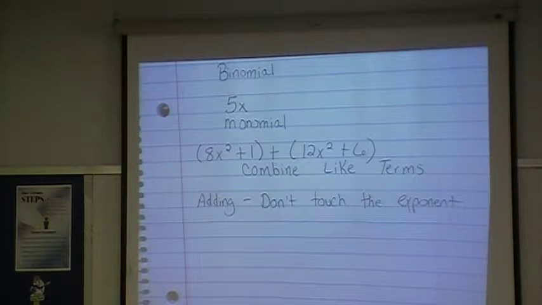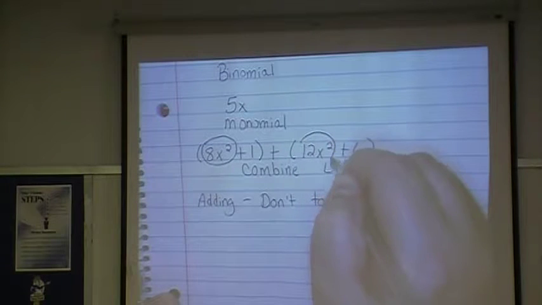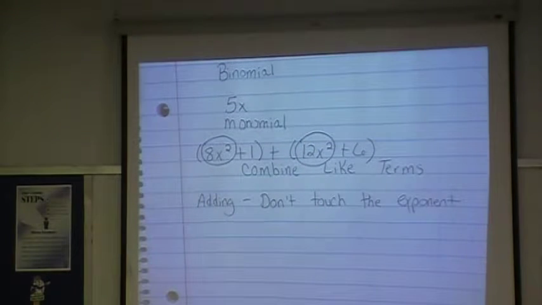I can only combine things that are exactly alike. For instance, I can add 8x squared and 12x squared because they have the same exponent. They are in the x squared family. They can go together. Okay?